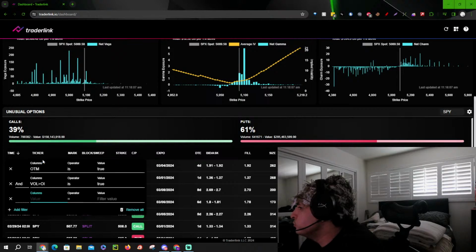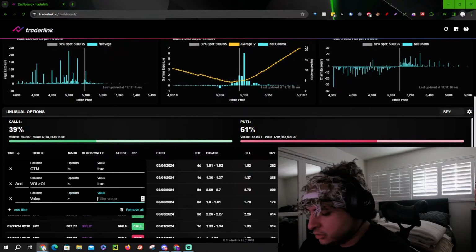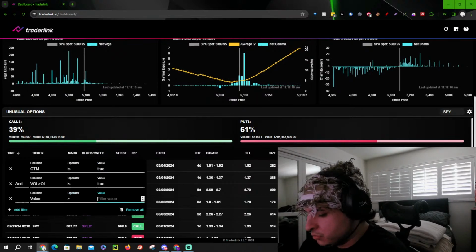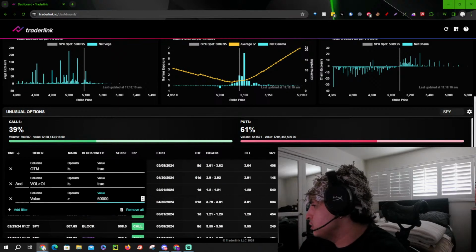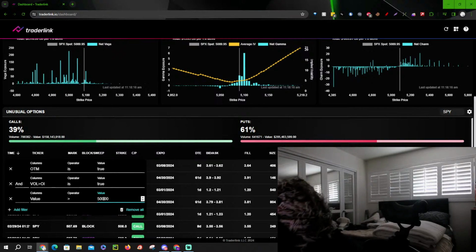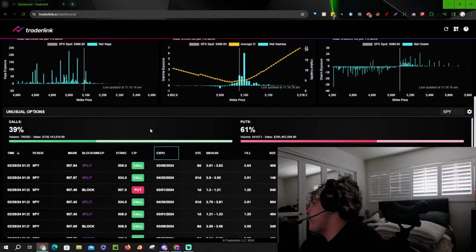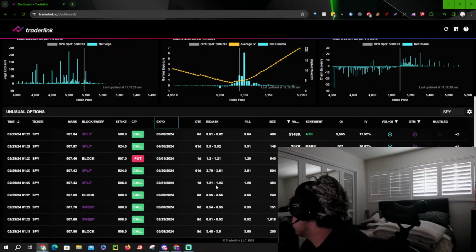Value is greater than 50,000. Wow, it's 50,000, right? Two, three. Yeah, it's 50,000. All right. One DTE, 507 puts, 65K, 10,000 open interest.